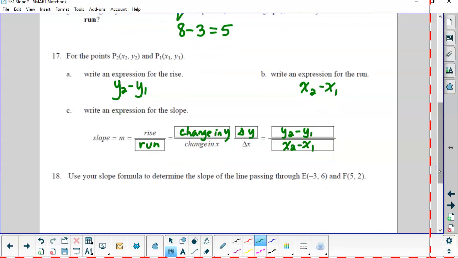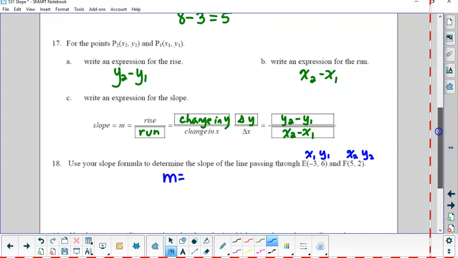If you're given the line on grid paper, don't use the formula. Plot 2 points, rise over run. It's when you're given no grid paper and you're given the points that you use the formula. Okay, so here, you could label this x1, y1, and this is x2, y2, just so you remember which is which.